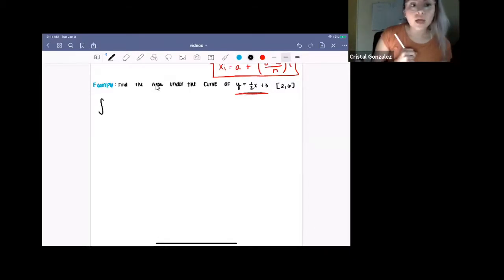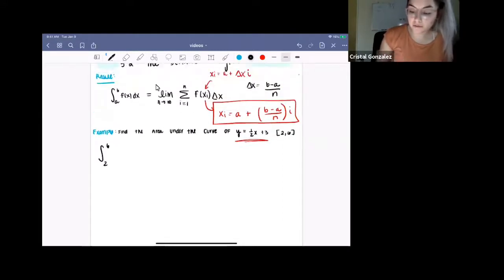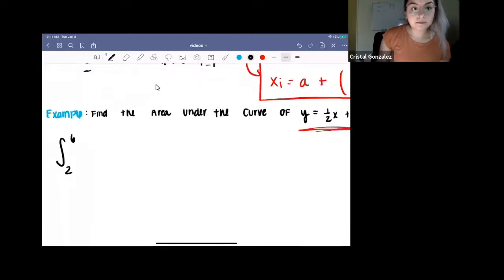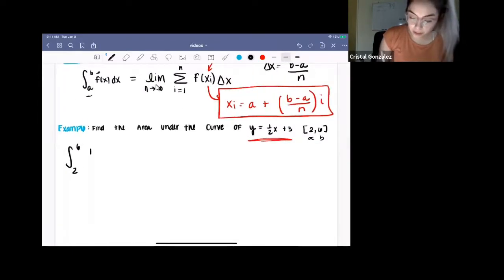We have the integral from 2 to 6, because remember that the integral is from a to b, and this is our a and b. That's the interval we're looking at. And then we're going to write our function inside, 1/2 x plus 3. And then don't forget the dx.